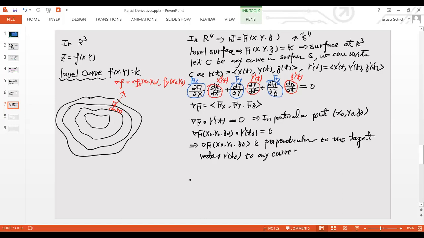So this tangent plane we can write as follows. We have a point (x0, y0, z0) and this is the direction.